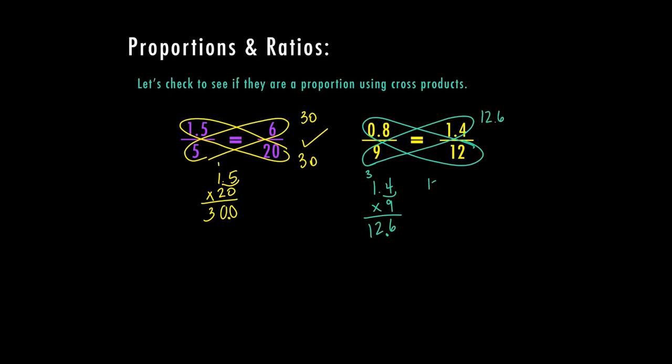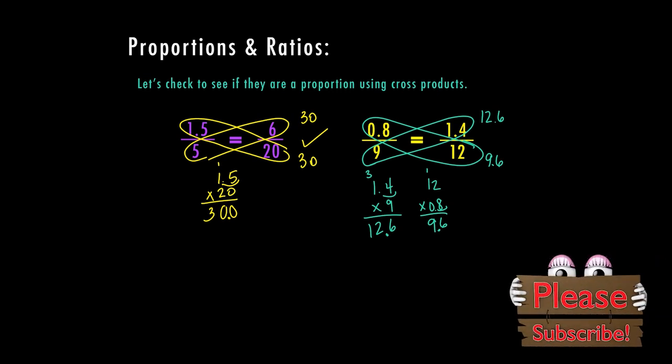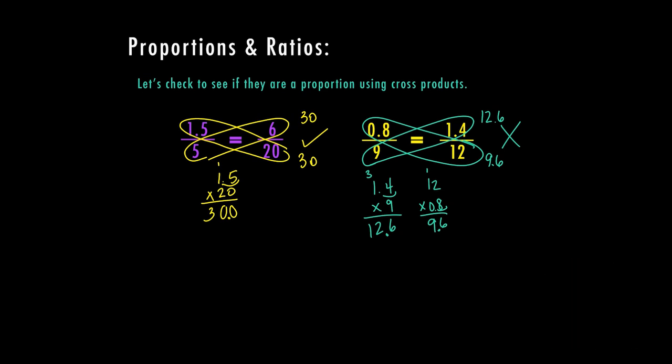And then if I do 12 times 8/10, then I get 96, and I move my decimal again 1 place, and that equals 9.6. Well, because 12 and 6/10 is not equal to 9 and 6/10, this one is not a proportion. Those are not equivalent ratios.